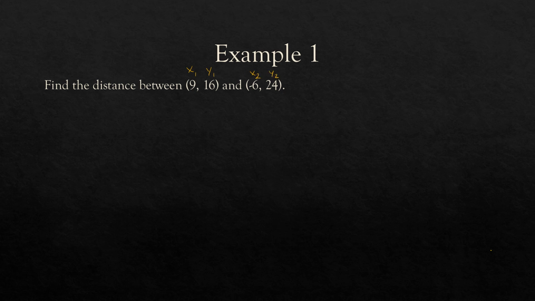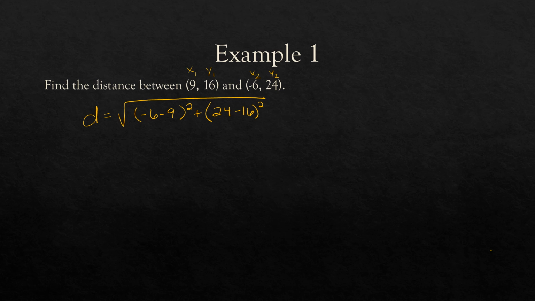Remember that the distance formula is going to be the square root, because the distance is like my hypotenuse, and I'm going to take the values of my x-coordinates and subtract them. So negative 6 minus 9, and then I have to square them. And the difference in my y-coordinates, 24 minus 16, and square that.